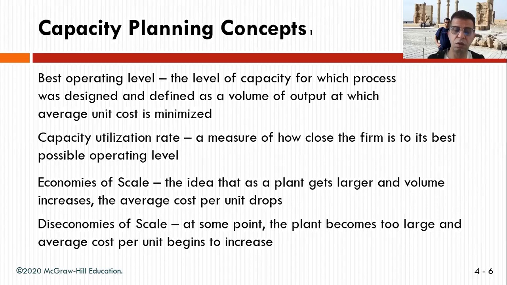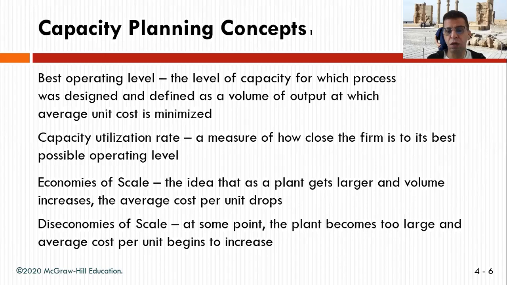The total variable cost gets higher the more you produce, but the fixed cost per unit, because it gets divided by the number of units, goes down. So this is where you call the best operating level. The more you produce at a certain level, you will probably be working more efficiently, less costly.